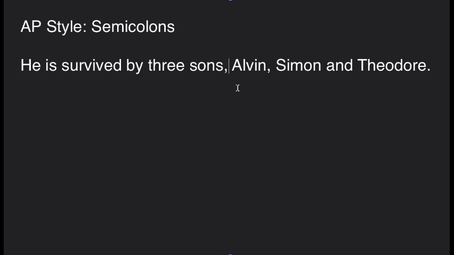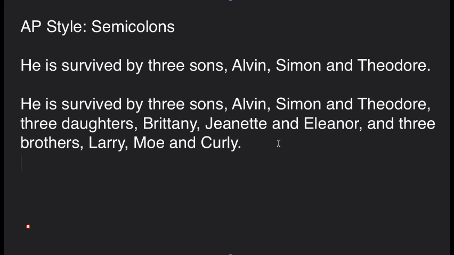But let's say that it wasn't just three sons. Let's say he had some sons and some daughters and some brothers. This person, whoever this is, who happens to have relatives with weird names. He is survived by three sons, Alvin, Simon, and Theodore, three daughters, Brittany, Jeanette, and Eleanor, and three brothers, Larry, Moe, and Curly. Now notice that we have three lists, and each item within the list happens to have three things in it.